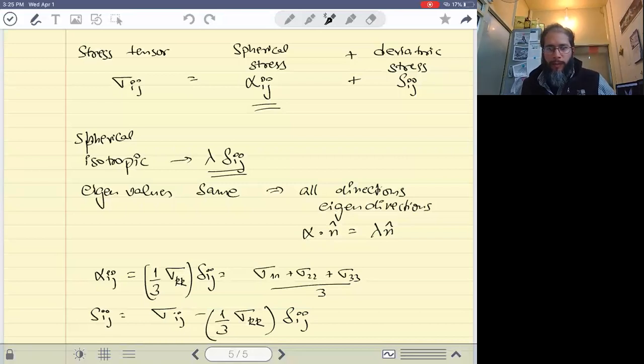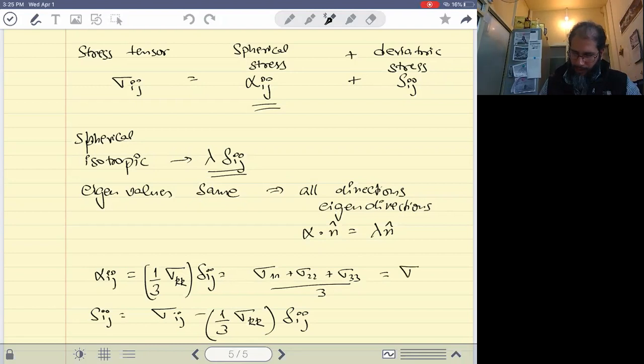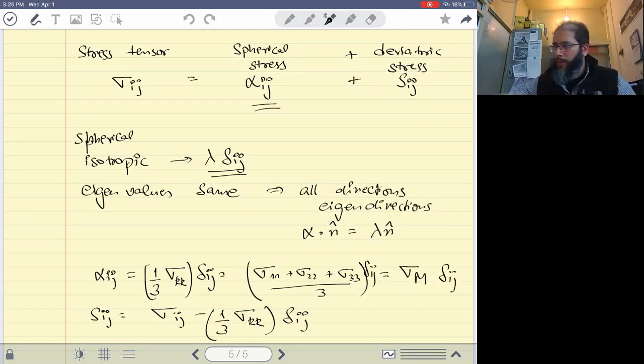Okay. Now, if you think of fluid mechanics, then negative of the pressure is nothing but your sigma. This is also called sigma mean times delta ij.